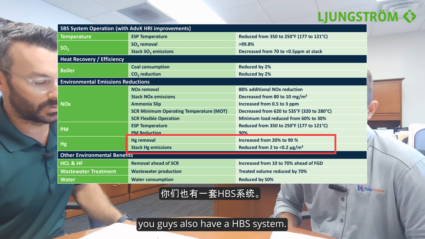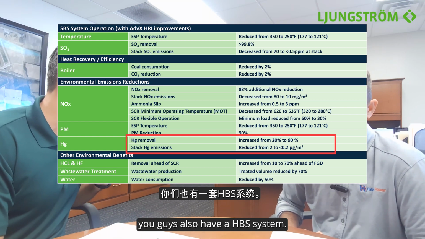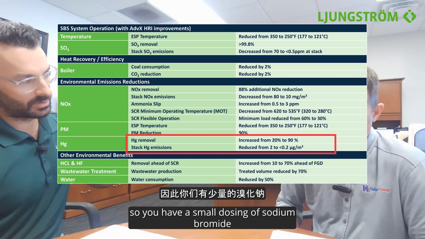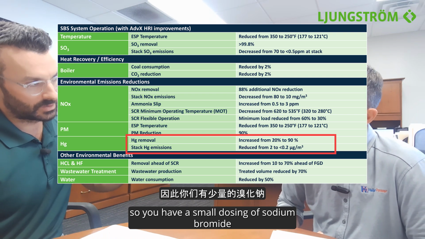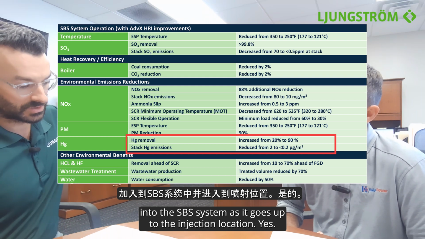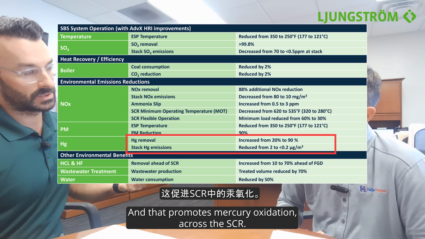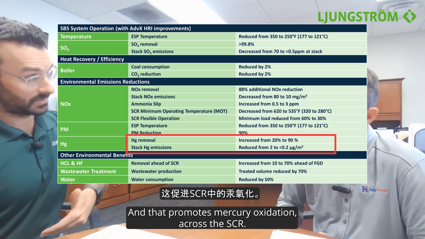Here at Merrim, you guys also have an SBS system. So you have a small dosing of sodium bromide into the SBS system as it goes up to the injection location. And that promotes mercury oxidation across the SCR.